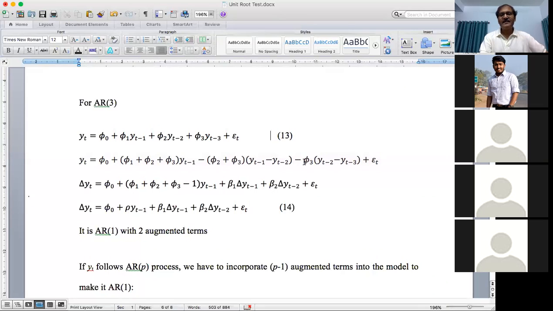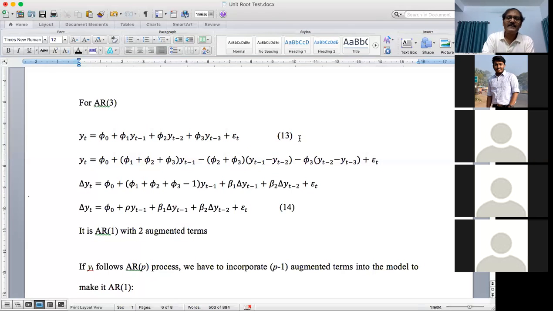So we have added minus phi 3 yt minus 2, and you have to add plus phi 3 into yt minus 2 in the earlier component. So this part becomes delta yt minus 2. Similarly, you have to change this part as delta yt minus 2. So to change delta yt minus 2, you need here phi 2 plus phi 3 into yt minus 1. Because here we are jumping one step to save space.